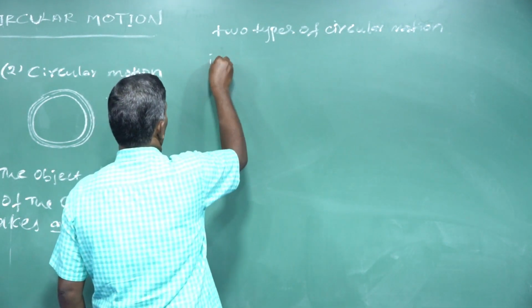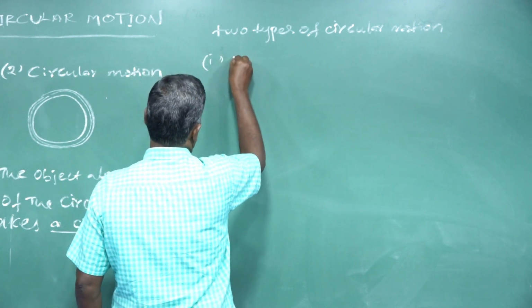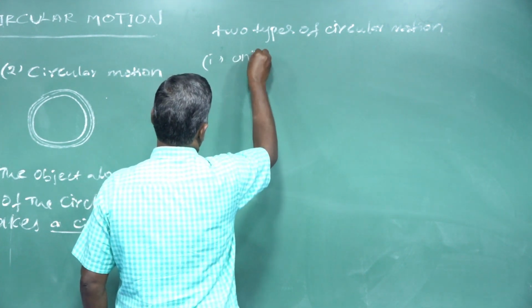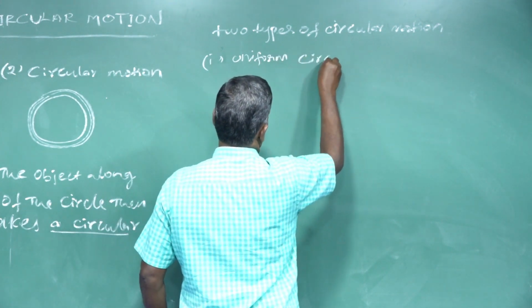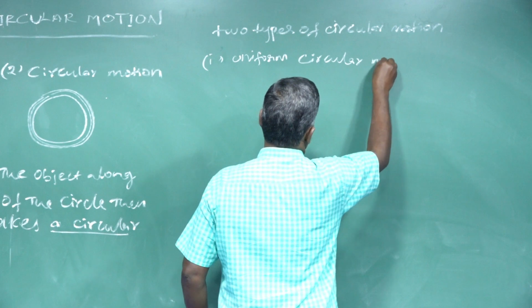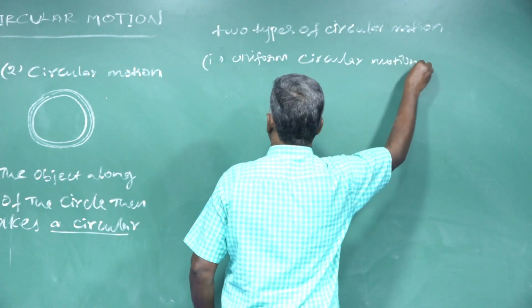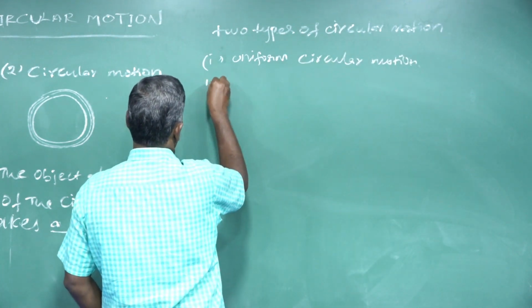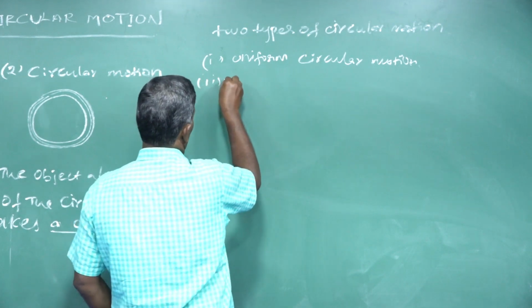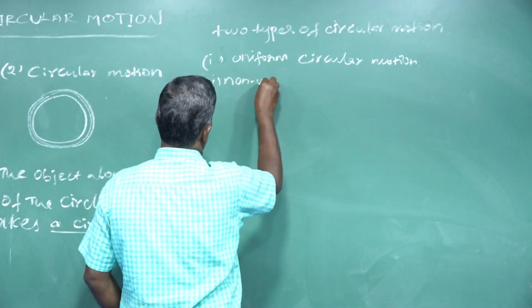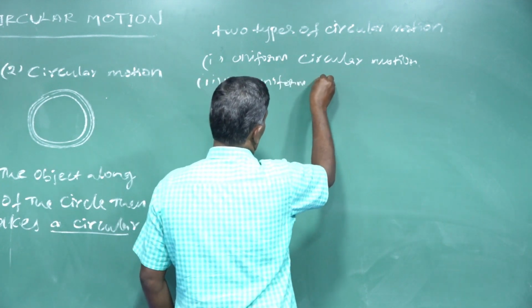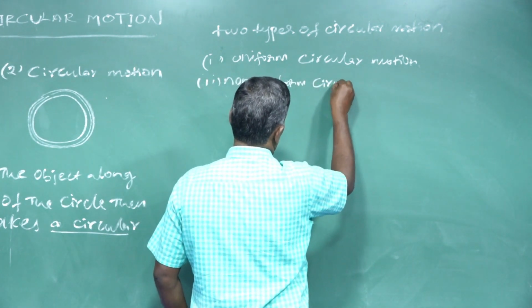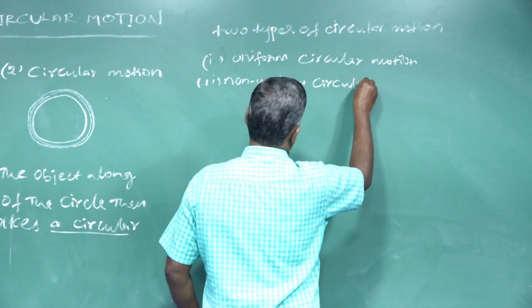One is uniform circular motion. The second one is non-uniform circular motion.